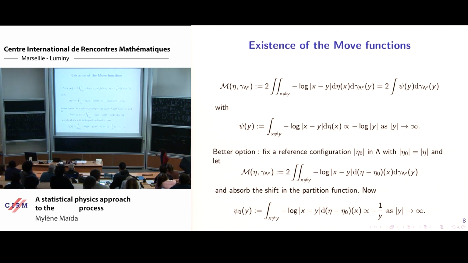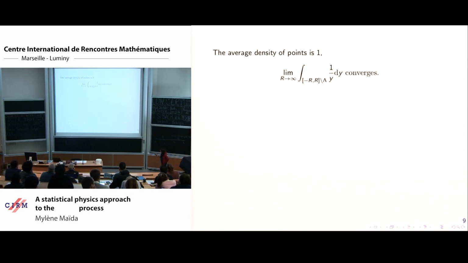And in fact, it's going to be convergent in principal value. And the idea is the following. You know that for sine beta, you have normalized things so that the average density of points is 1. So in average, it behaves like just the Lebesgue measure.